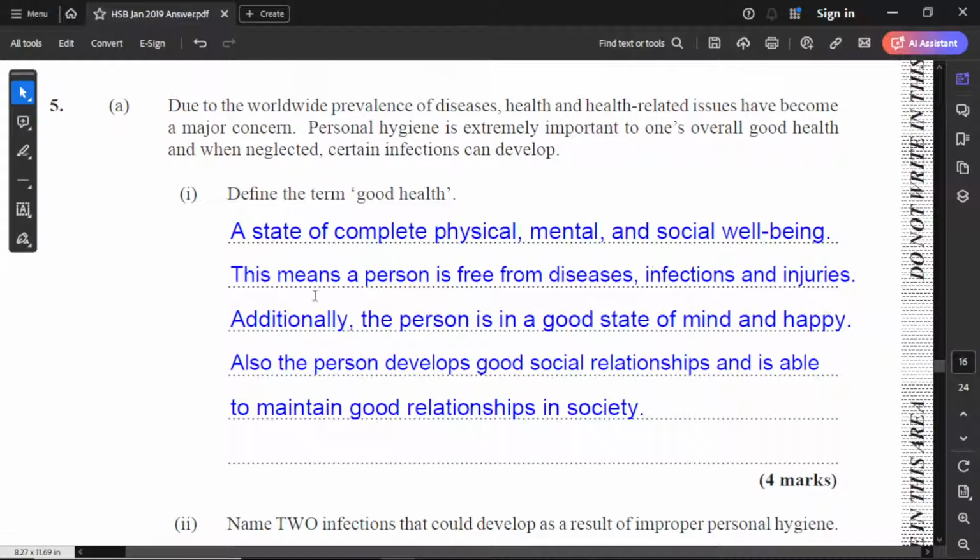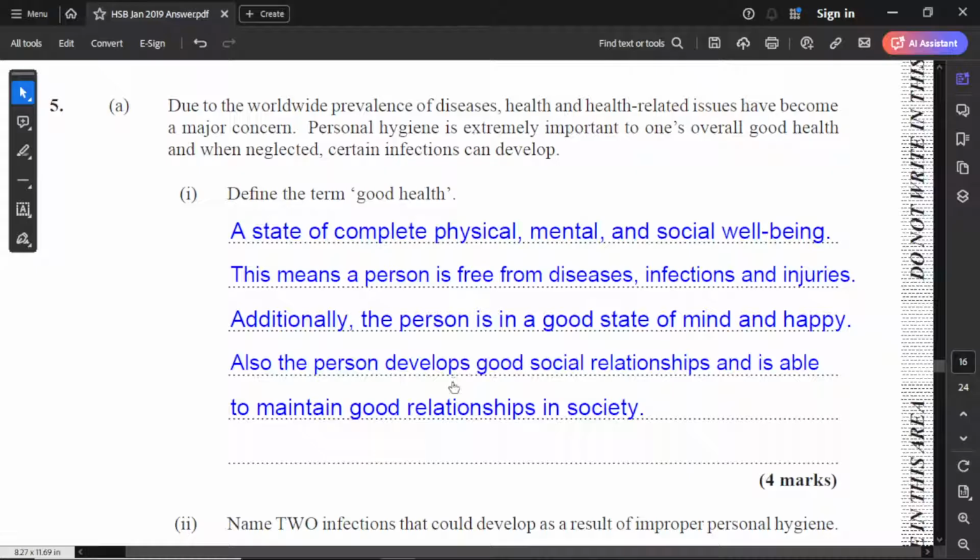To expound on this, it means a person is free of diseases, infections, and injuries. This speaks to the physical or biological aspect. Additionally, the person is in a good state of mind and also happy, and this is the mental aspect. Also, the person is able to develop and maintain good relationships in society.